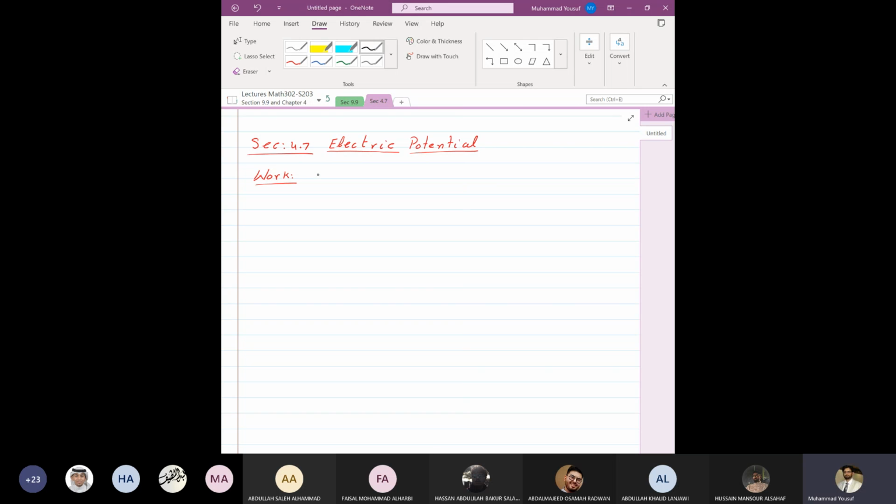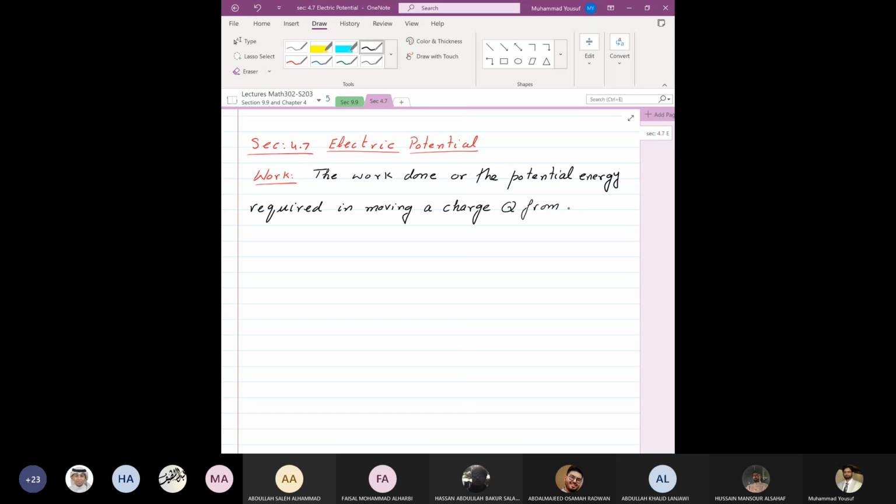The work done, or the potential energy required, in moving a charge Q from A.